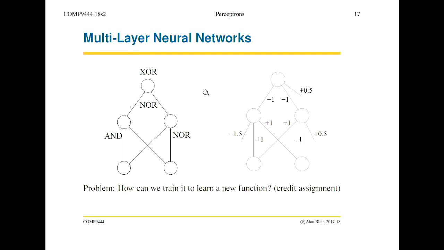But because we've got this network of neurons now, we have what's called the credit assignment problem. If I have a network with certain weights, and I put in an input and the whole network produces the wrong answer, there comes this question: which part of the network is wrong?